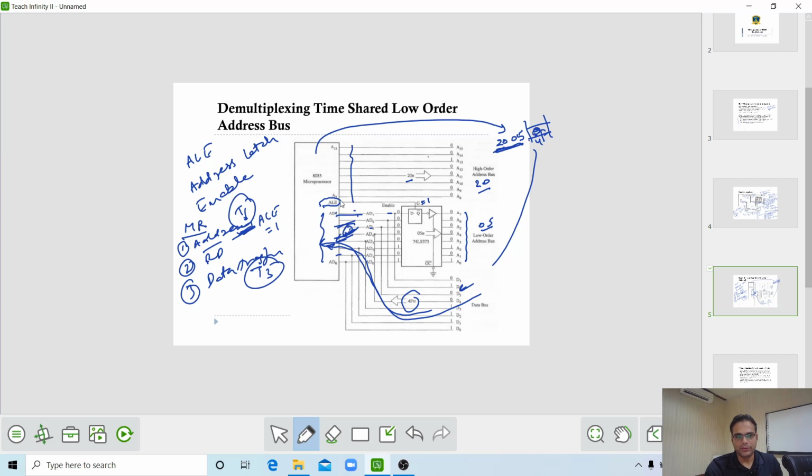In the third step the ALE signal goes to 0. When the ALE signal goes to 0, this creates a cutoff between these lines and these lines. So whatever is available on these lines will not be able to pass through this latch, because the ALE signal goes 0 in this step. Now whatever is available here will be transferred through these data lines, so these lines now behave as data lines.